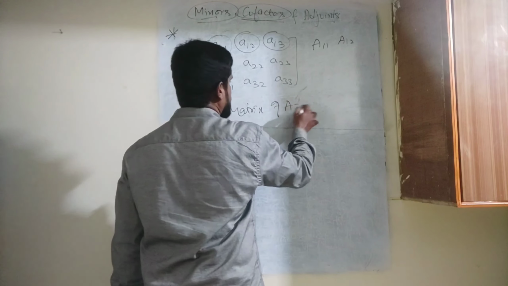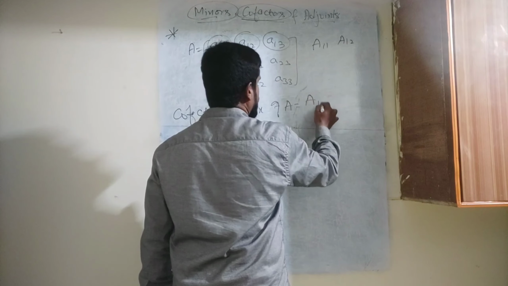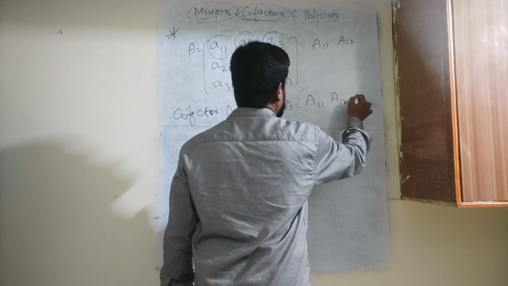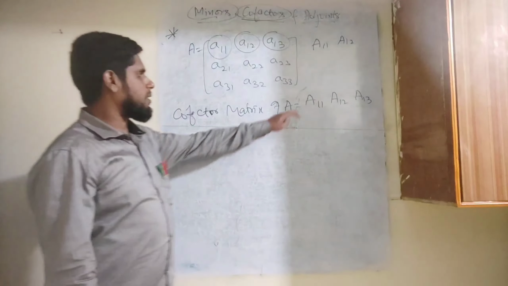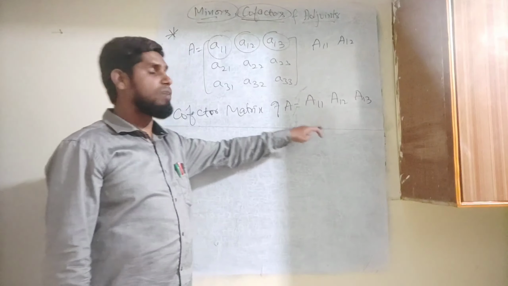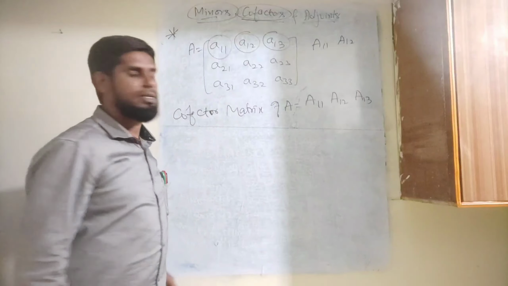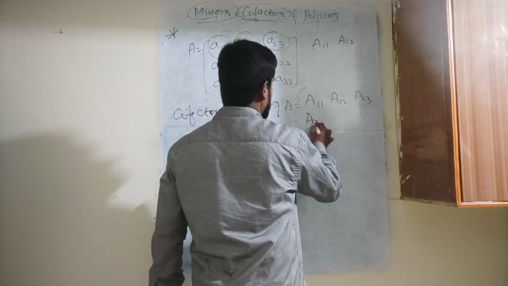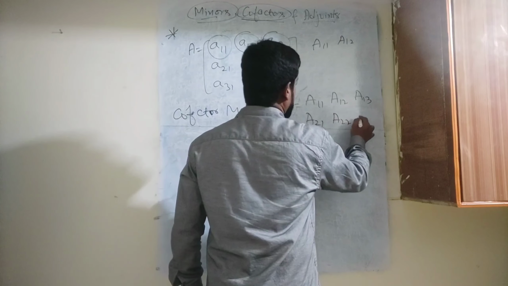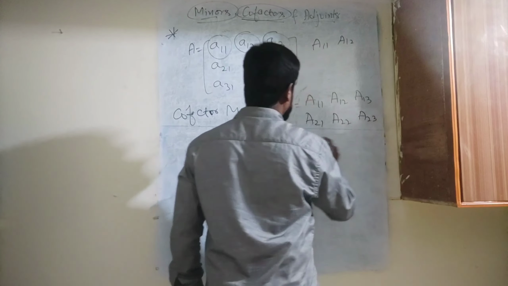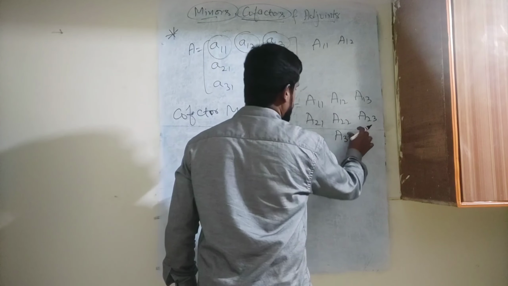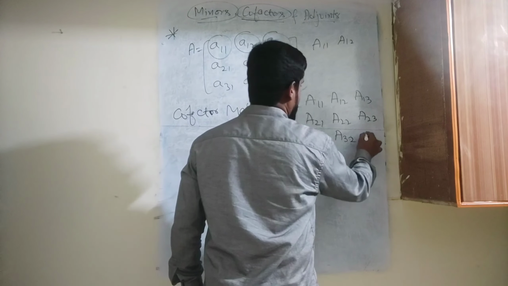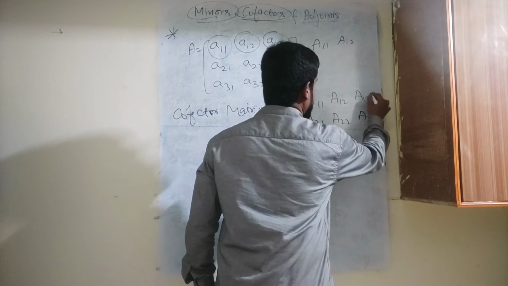Cofactor matrix of A is equal to capital A11, capital A12, capital A13. Capital alphabets represent cofactors of these particular elements. The next is capital A21, capital A22, capital A23, capital A31, capital A32, and last is capital A33.